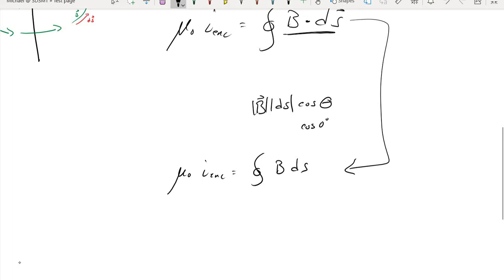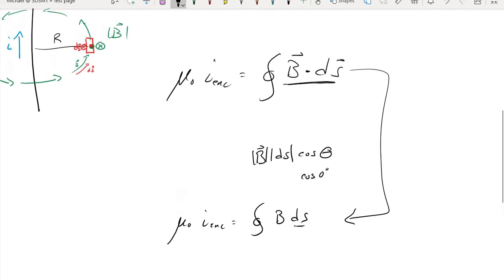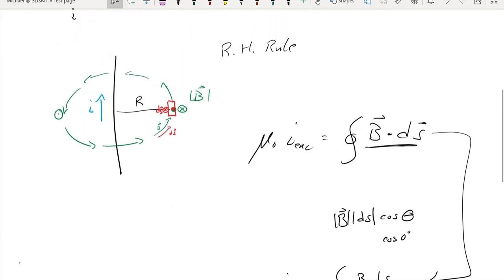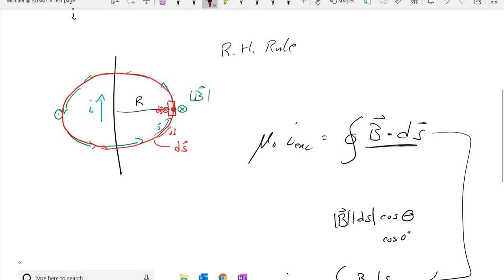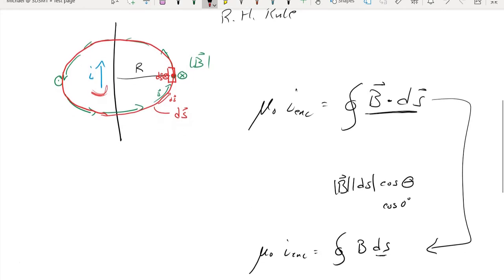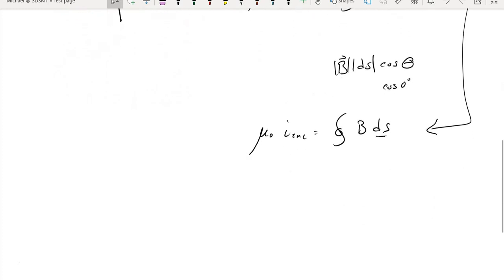I enclosed, well, that's going to be the current that was enclosed by our Amperian loop. Well, where's our Amperian loop? That's ds. We're going to let our Amperian loop just lie along the path of our magnetic field. And once we've drawn that path, our Amperian loop is enclosing the current that is traveling through the wire. And so our enclosed current is I.